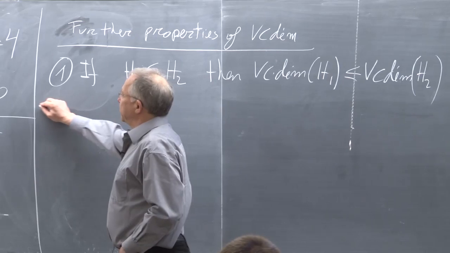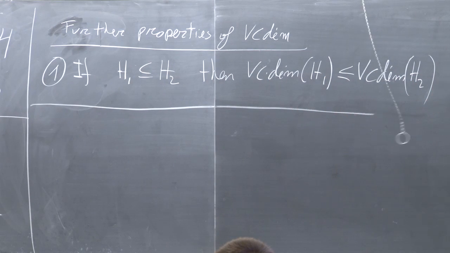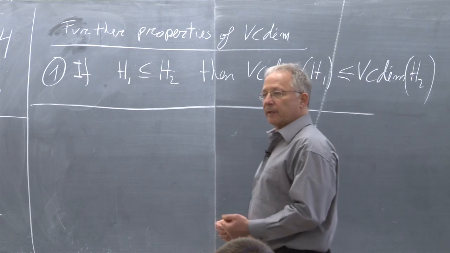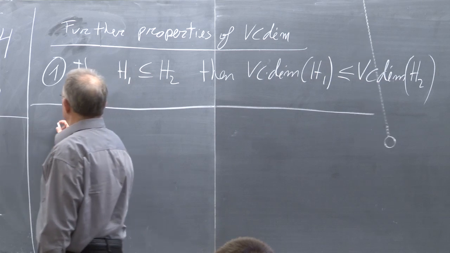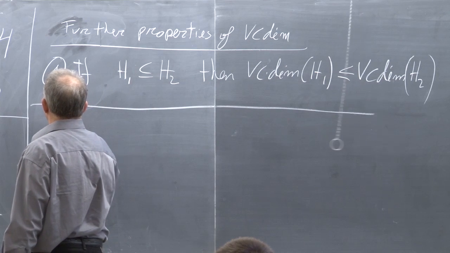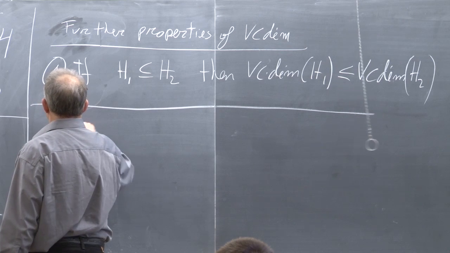The next important property is that we want to start relating VC dimension to learning. Here we have a first interesting, non-trivial lemma.